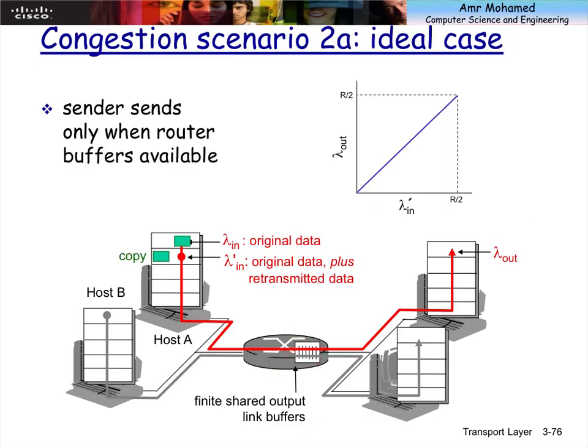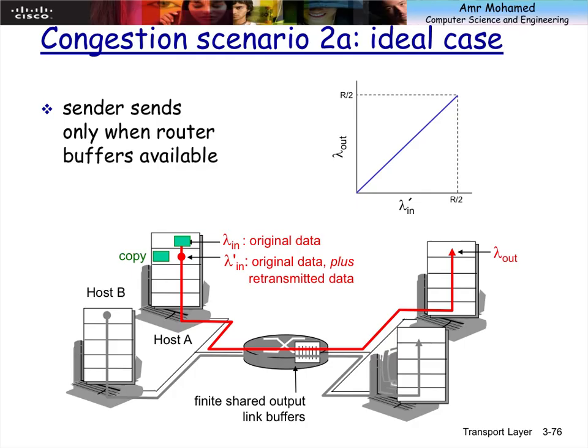Okay? So the sender here sends only when the router here, this case is slightly different. So this case, by the way, is divided into 3 cases. Okay, just to make it a little bit complicated. We will assume that the sender will never send the segment except if it knows for a fact that there is an empty buffer in the router.